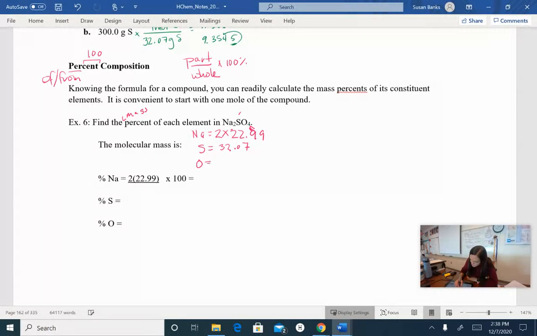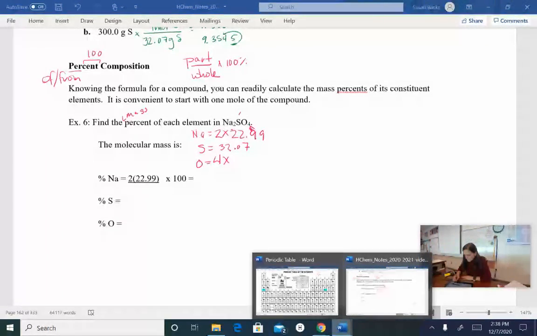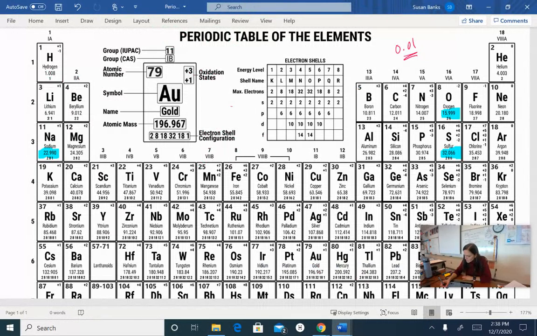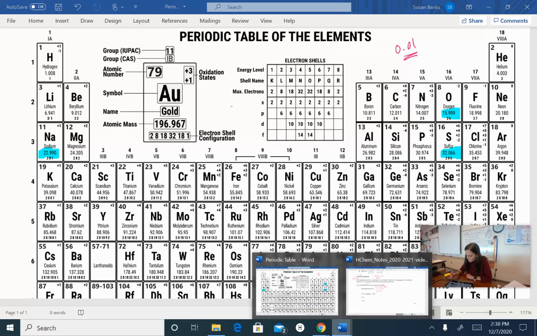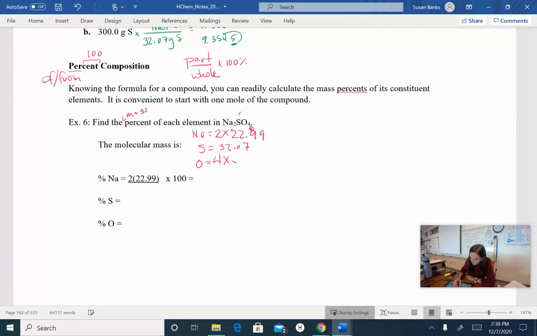And then oxygen, remember we had 4 of them. So let's look and see how much oxygen weighs. So oxygen, 15.999, that will round to 16.00 for my mass. 16.00. So we're going to add all of that together.